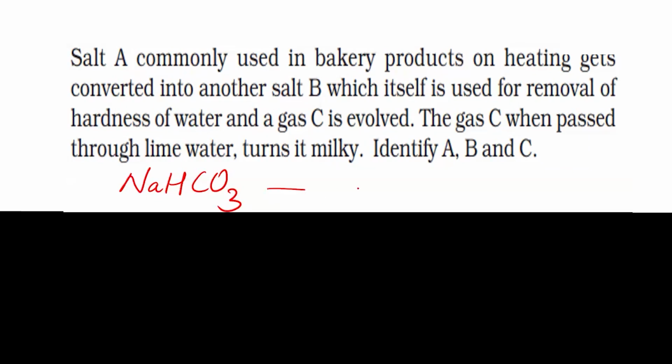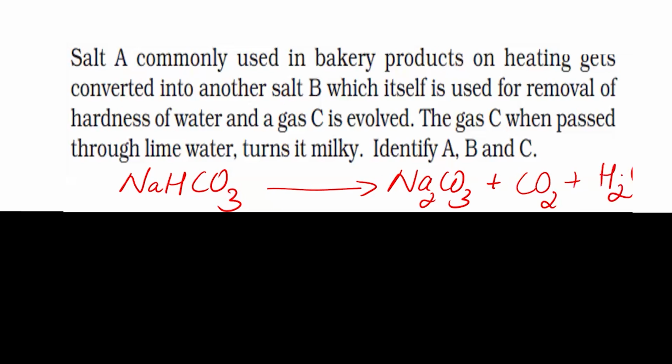When we heat that, what will we get? We get sodium carbonate along with gases like carbon dioxide and one more product, water. So this is A and this is B. We know sodium carbonate is used as washing soda, sodium carbonate decahydrate, for the removal of hardness of water.